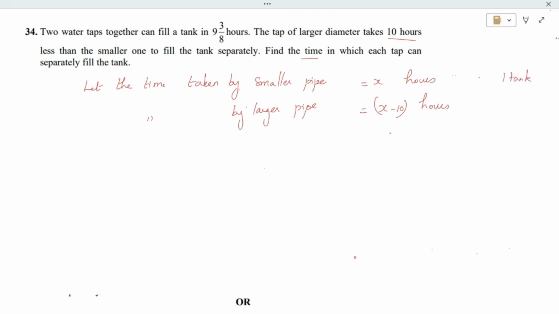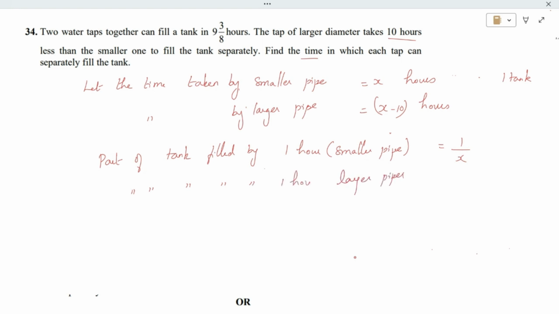So now I want to find what is the part of the tank that is filled in 1 hour. Okay, so the part of tank filled in 1 hour with the smaller pipe is going to be 1 by x. Similarly, the part of tank filled by the larger pipe in 1 hour, okay, that is going to be 1 by x minus 10.